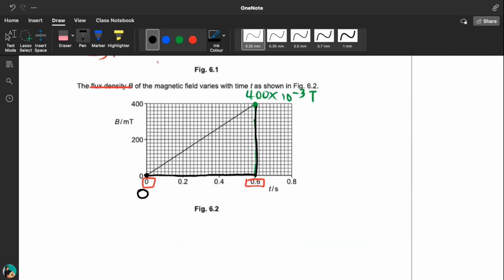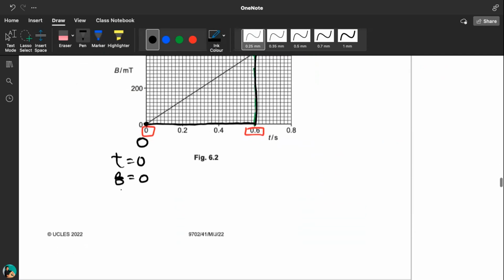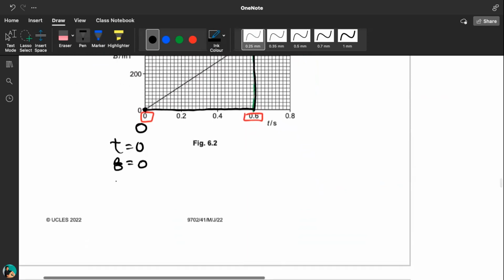The gradient of this graph. But when t is 0, we know that B is 0. Then the flux linkage will also be 0, and phi will also be 0.